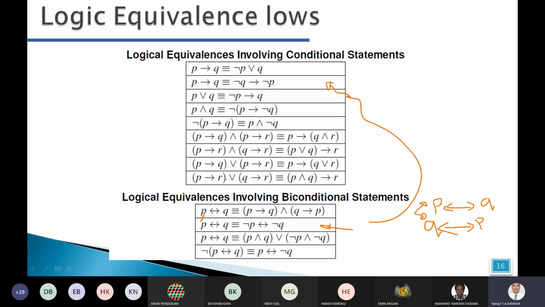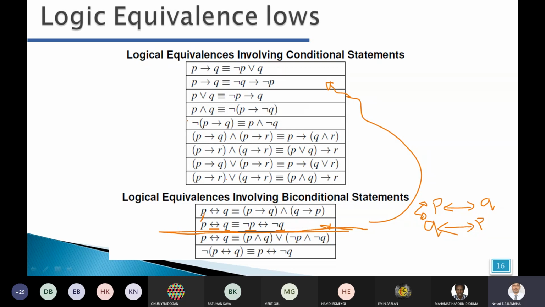That's why if you make not for both, you don't need to make Q first, then P second. It doesn't matter. So P double implication with Q is equivalent to not P double implication with not Q. Okay, same thing.